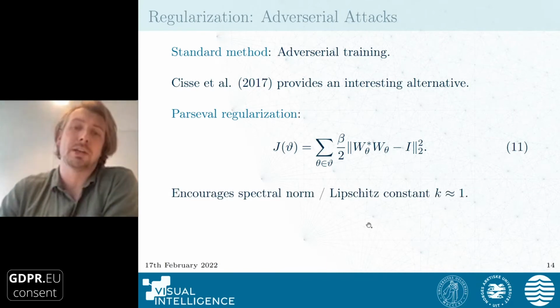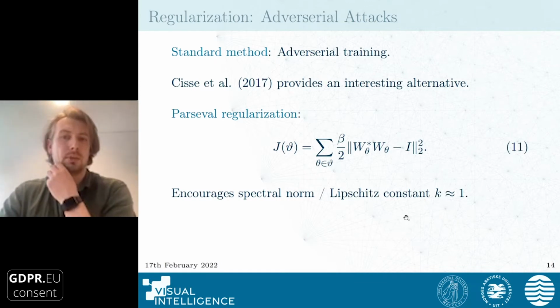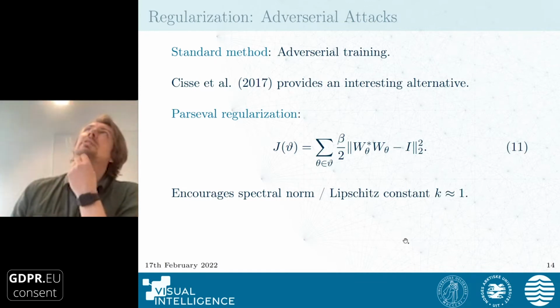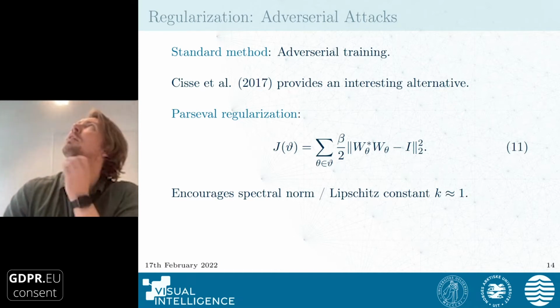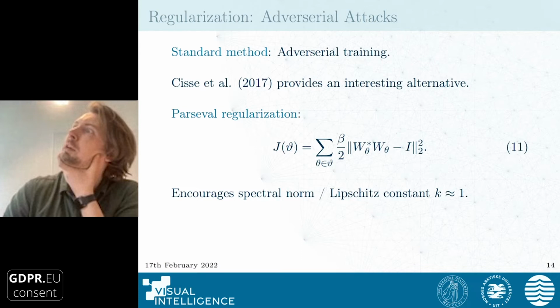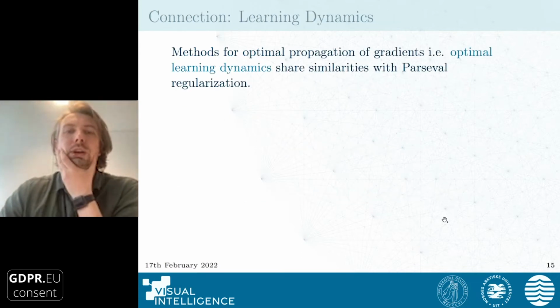This encourages the spectral norm, i.e. the Lipschitz constant, to be approximately 1. And this simply means that the slope of the approximated function is close to 1.